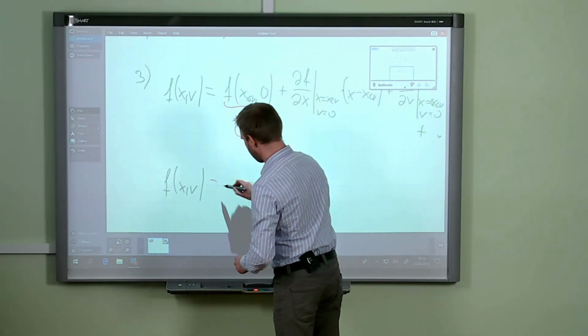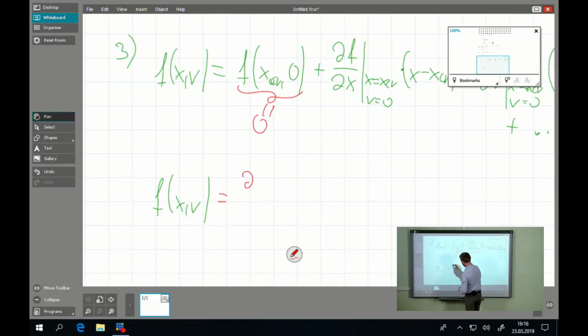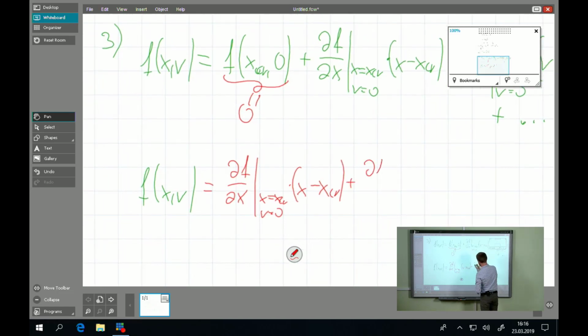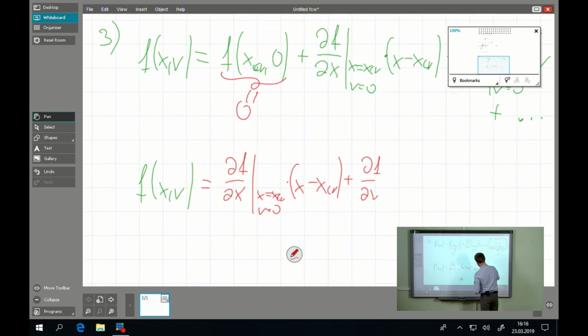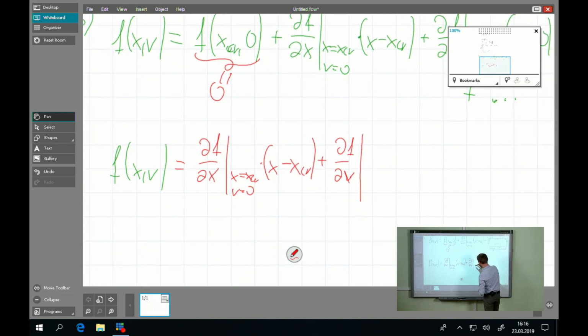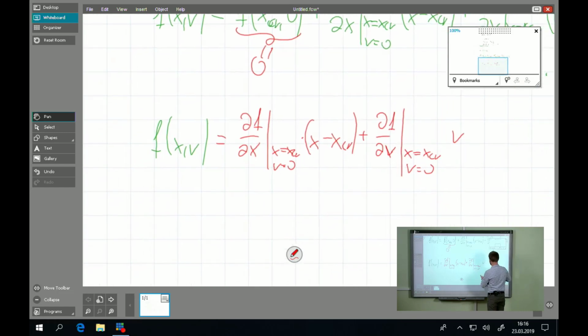And that is why we are getting the simplified form: df over dx at x critical, v0 times (x minus x critical), plus df over dv, the first order term at v0, times v.